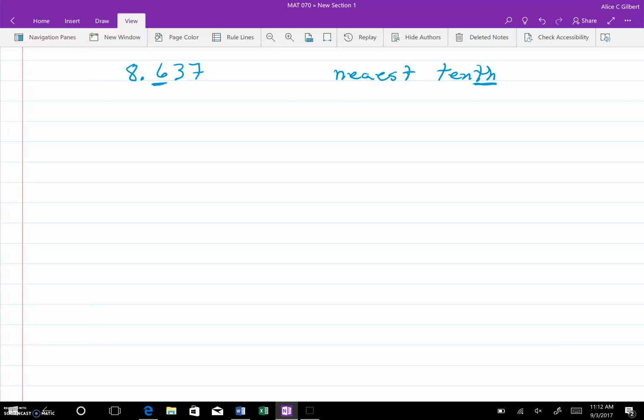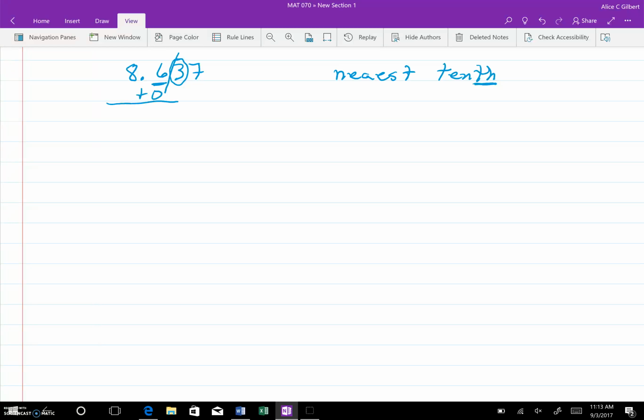We are going to do exactly the same thing here, underline it. But now, instead of making these zeros, we are just going to get rid of the rest of them. Okay? But I still have to look at this guy immediately to the right of the line. He is less than 5, so I'm going to add 0.